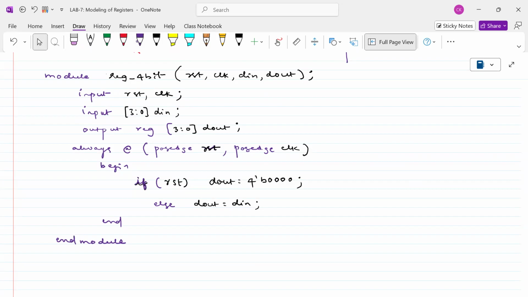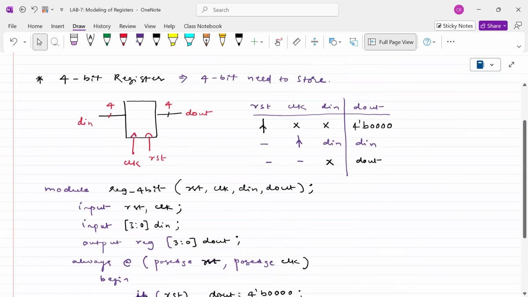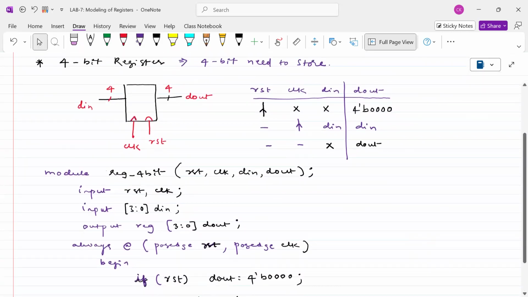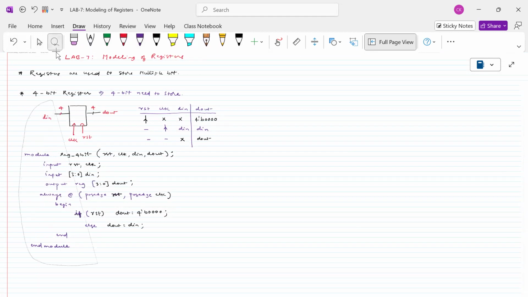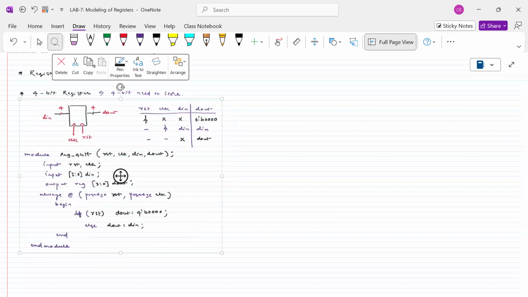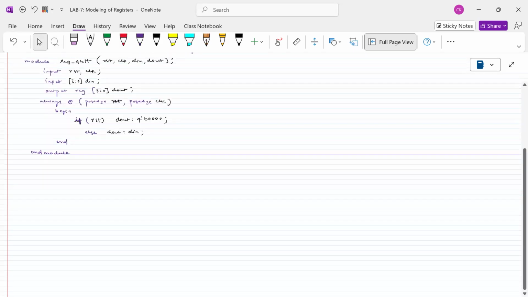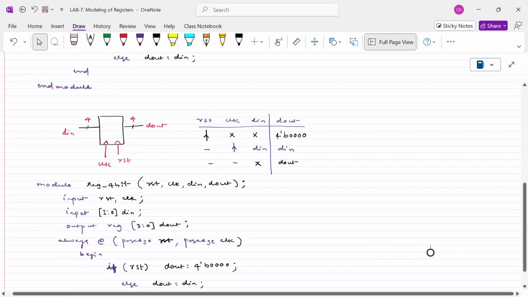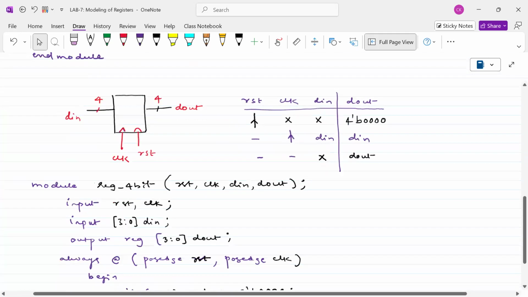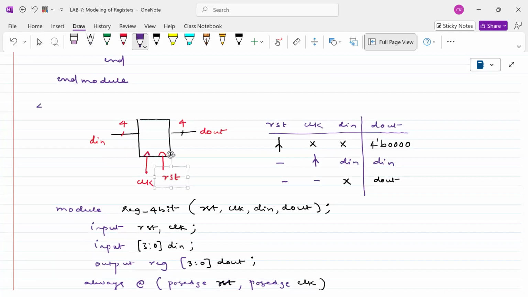Okay. So what modifications can we do here? What modification can we do? 4 bit register with load signal.